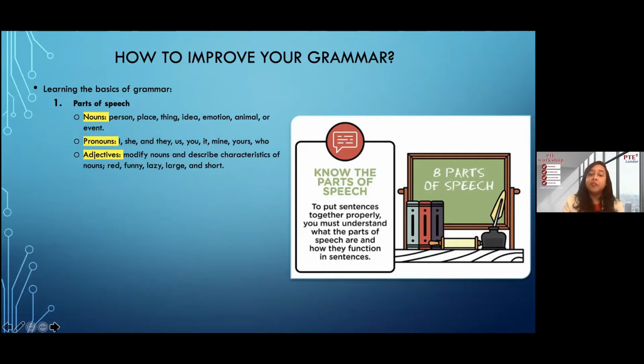Adjectives modify nouns and describe characteristics of nouns. So when you want to describe someone, some place, or some occasion, for that you need adjectives. For example, now here in Melbourne, it's night. If I want to describe night, I'll say, when it is night, it's dark outside.